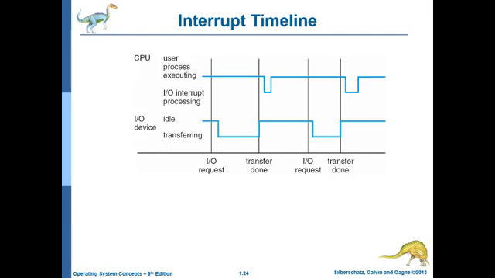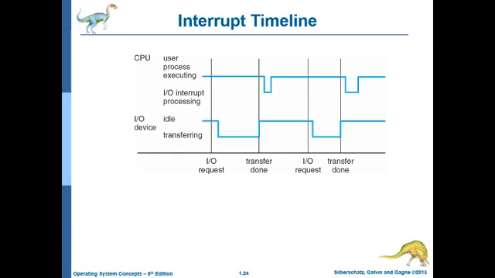Now here is an example interrupt timeline. We have two devices, one is the CPU, one is the IO device. The CPU has two states. In one state, it can execute a process, any user process, let's say some application the user is executing. So the CPU is busy executing the process.